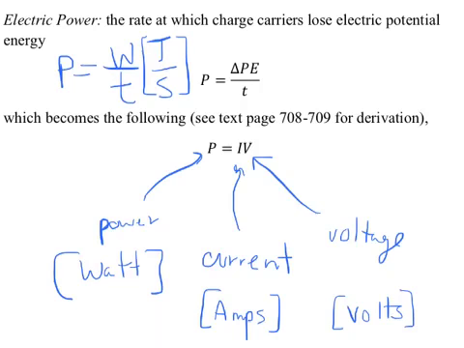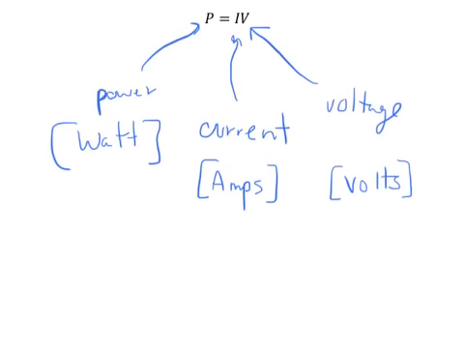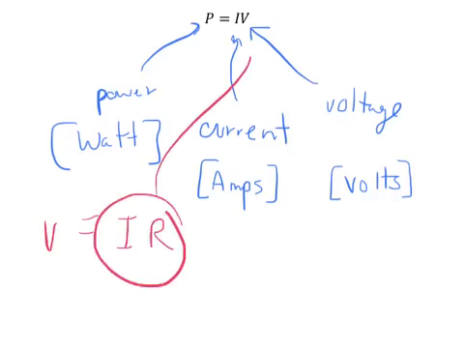Now, consider the formula V equals IR, right? Our Ohm's law formula. V equals IR. Can you see that better now? So if we consider the formula V equals IR, and we go ahead and take IR and plug it in for V up here, because that's what V equals, right?